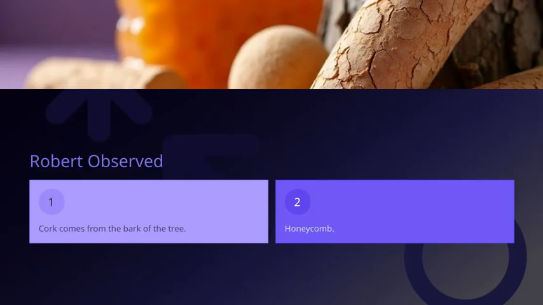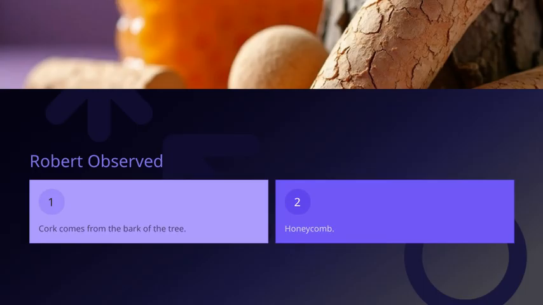So, Robert observed that cork actually comes from the bark of the tree, which is quite fascinating because it's a natural material that's harvested without harming the tree. This process allows the tree to continue growing while providing us with cork, which has many uses. And then there's honeycomb. Now, honeycomb is that amazing structure made by bees, and it's a perfect example of nature's engineering, strong, lightweight, and efficient.